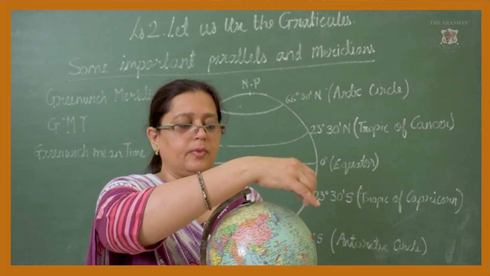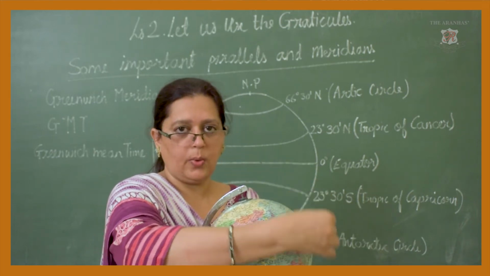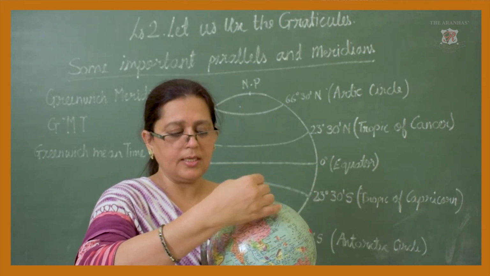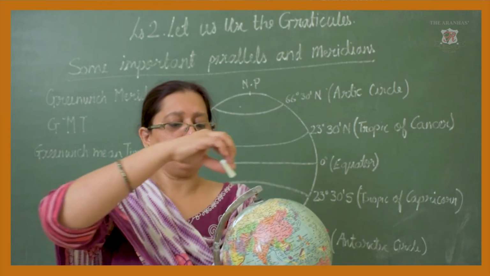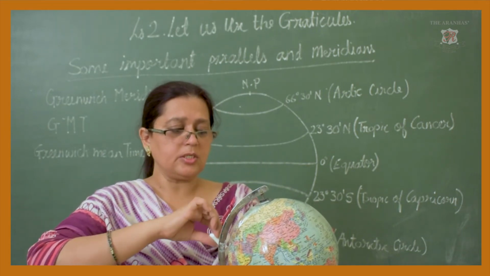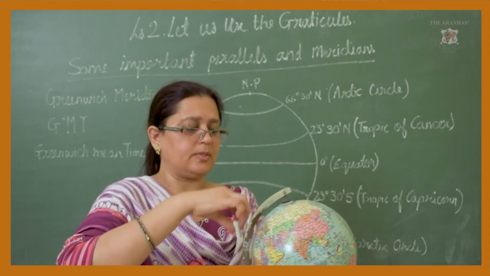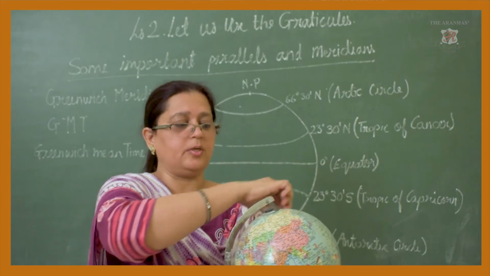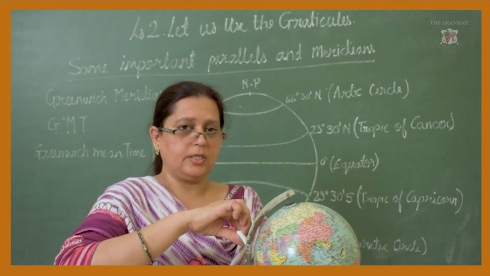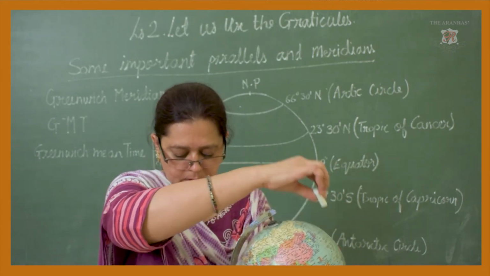On this side, it is 180. From here, 0 degrees from the back side. This is the east side, this is the west side. Again we go from here, 0 degrees to 180 degrees. Okay?